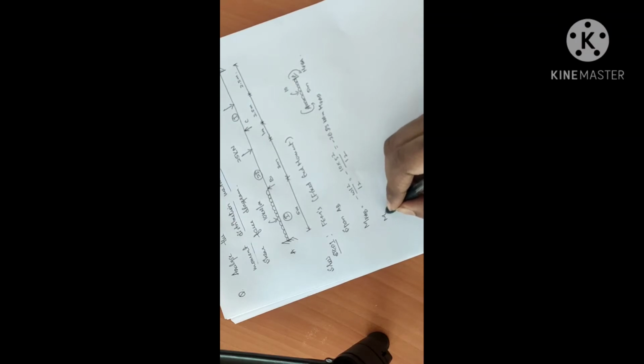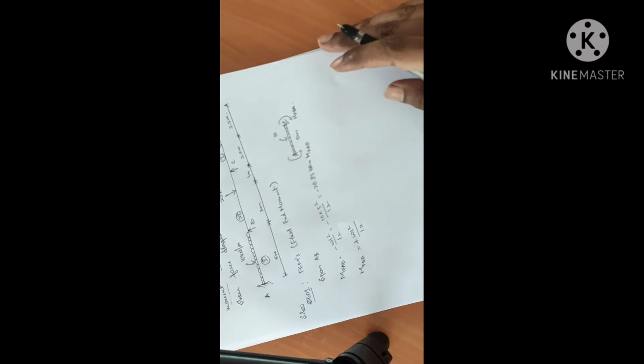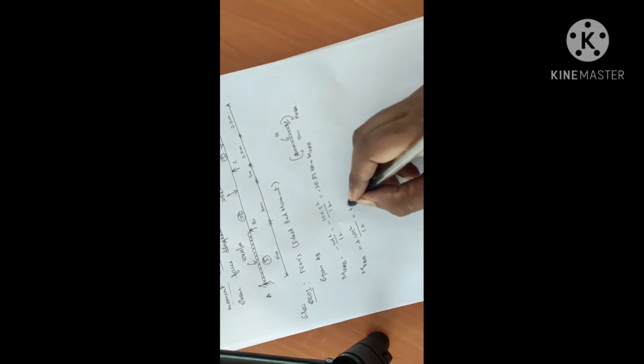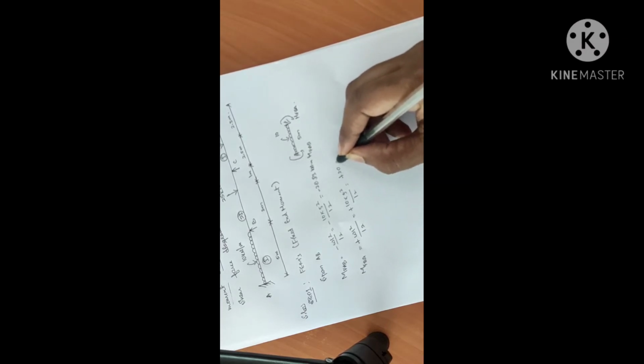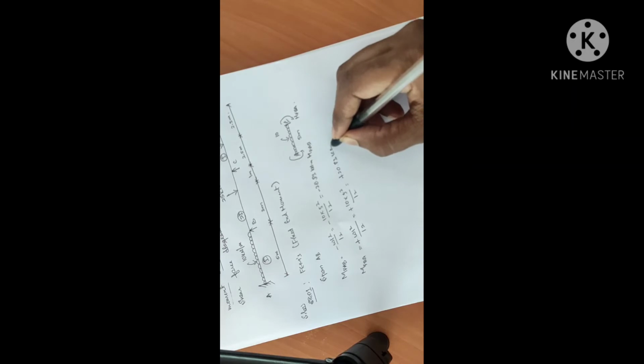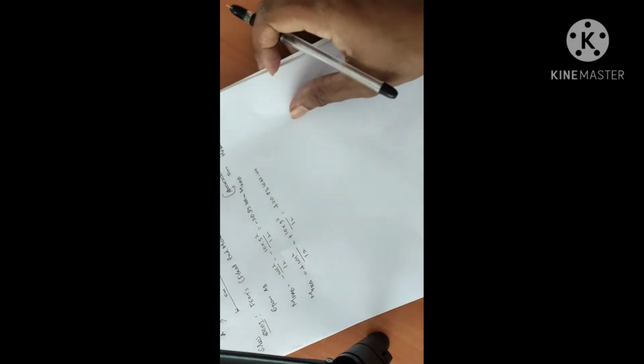Similarly, MFBA will be positive WL square by 12. If you do this, plus 10 into 5 square divided by 12, you have plus 20.83 kilonewton meter. So this is the moment for the AB span.